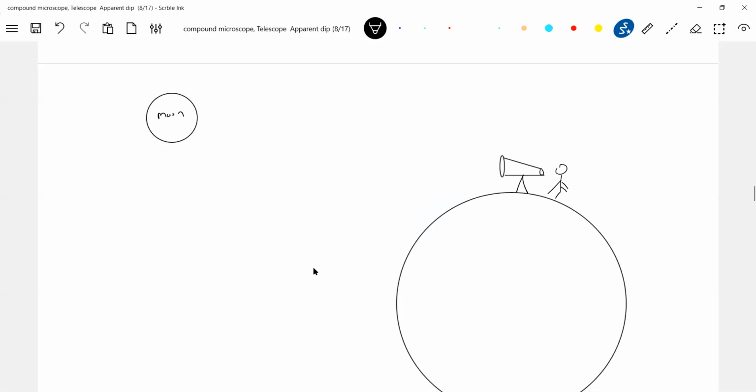So the rays emitted by the moon, what will happen? Its image will be brought near to the telescope. This is the objective. This is Fe, and there's a person. This image will be visible here.